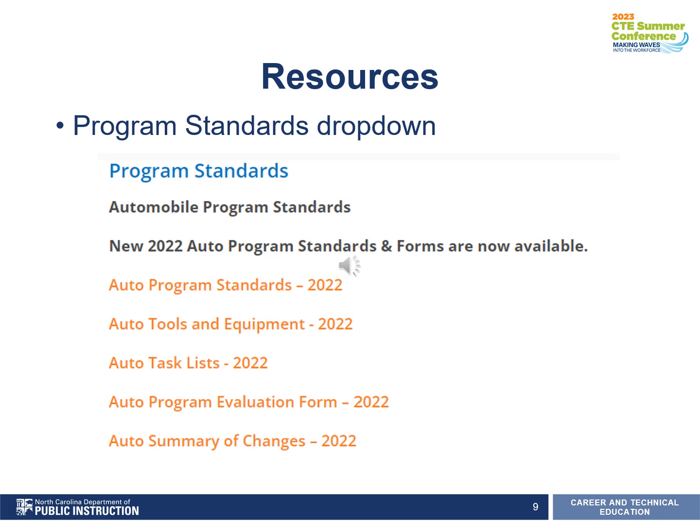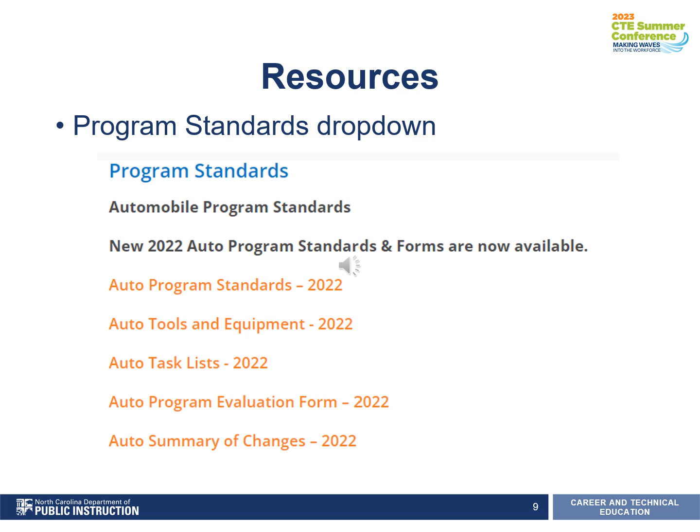And so the auto program standards 2022 is exactly that. It goes over everything, policies, and it's a generally useful document. The auto tools and equipment will list all three levels of accreditation.